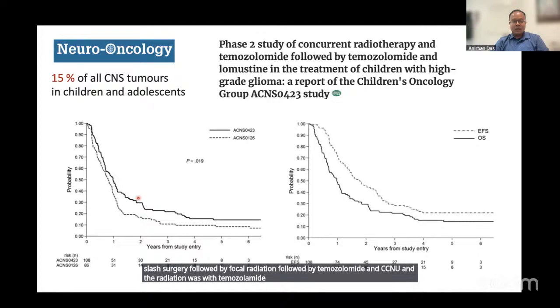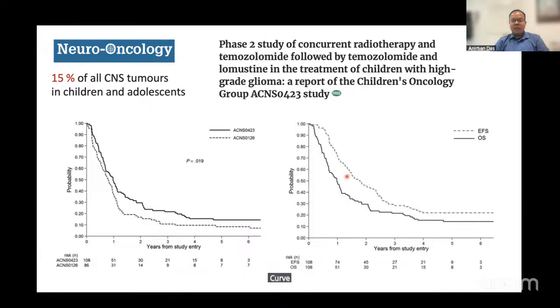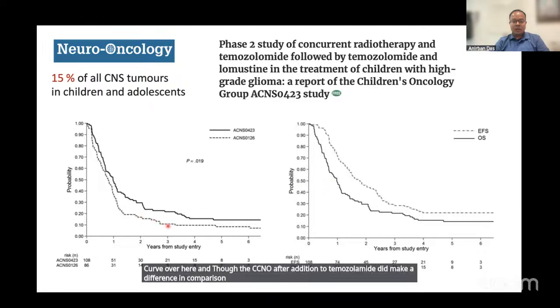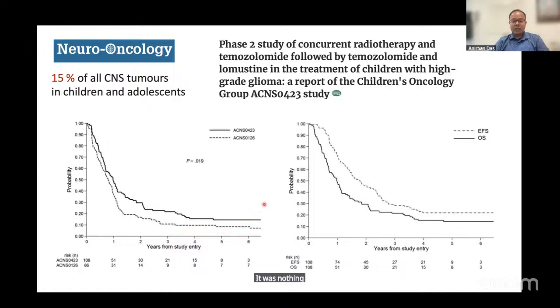You can see that on this backbone, the outcomes were what you can see in this curve over here. And though the CCNU after addition to temozolomide did make a difference in comparison to the historical trial ACNS 0126, which had temozolomide alone, it was nothing very remarkable to write home about.